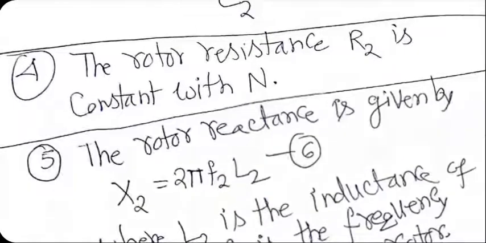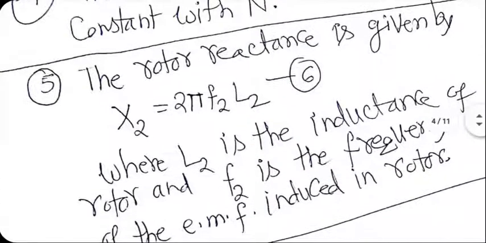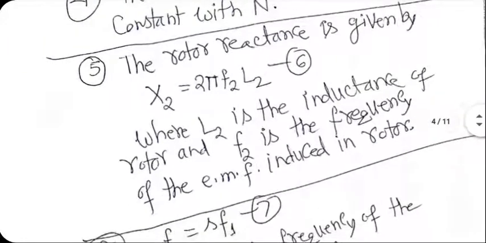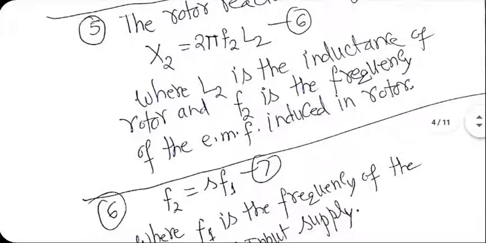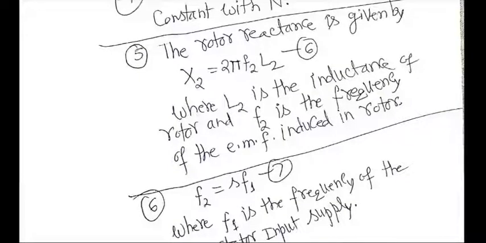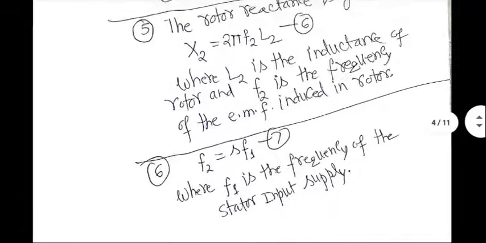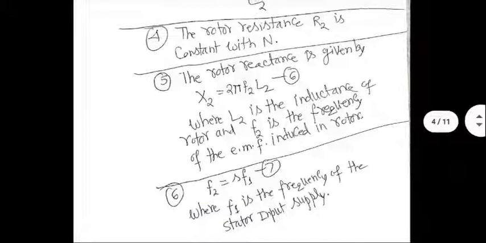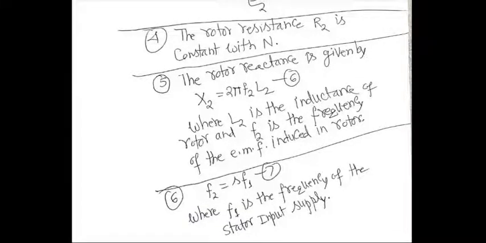The rotor reactance is given by this formula, 2 pi F2 L2, where L2 is the inductance of the rotor and F2 is the frequency of the EMF in the rotor. But F2 happens to be S F1. F1 is fixed, it will not change. That is the supply frequency for the stator. But F2 will keep changing depending on slip. So X2 will keep changing also with speed of rotation of the rotor. The equivalent circuit has to take care of that.